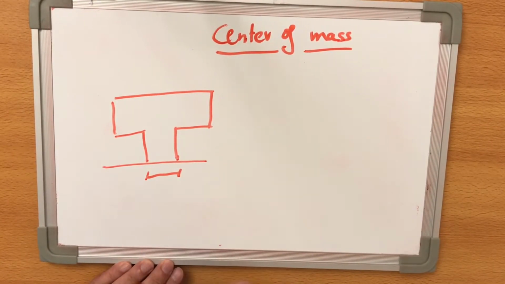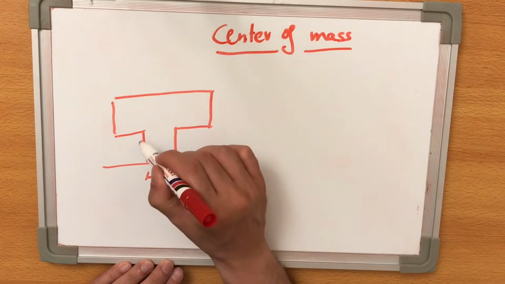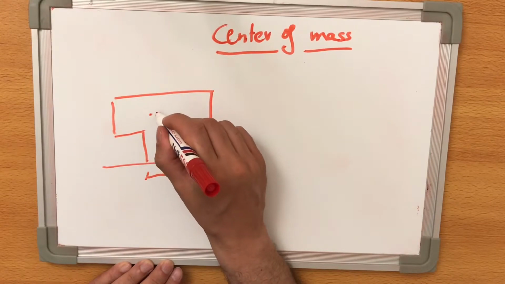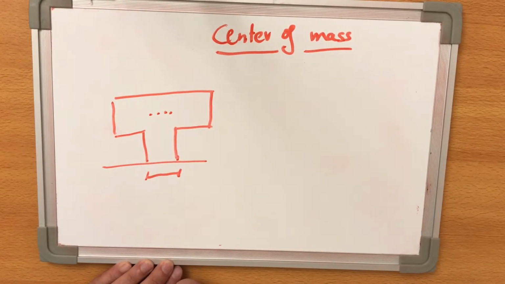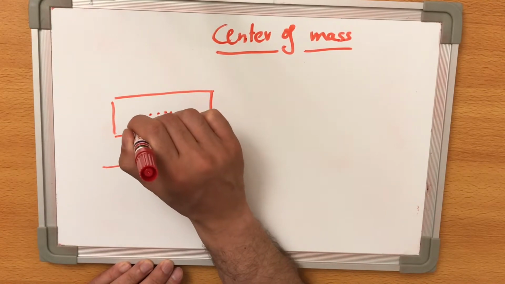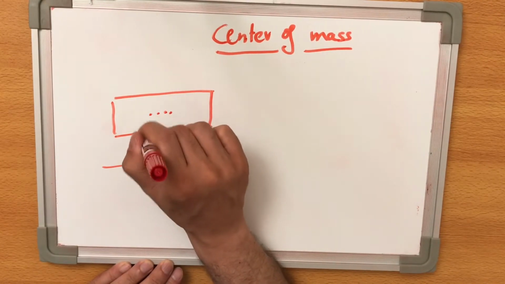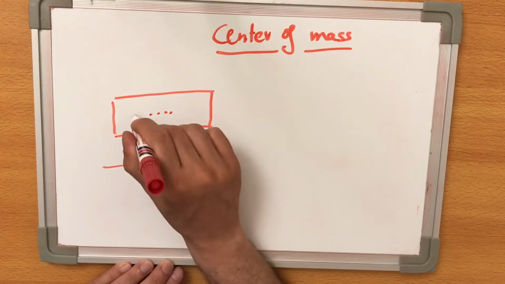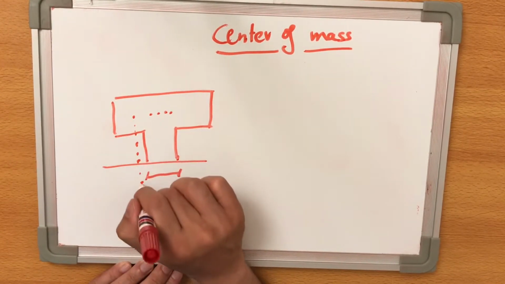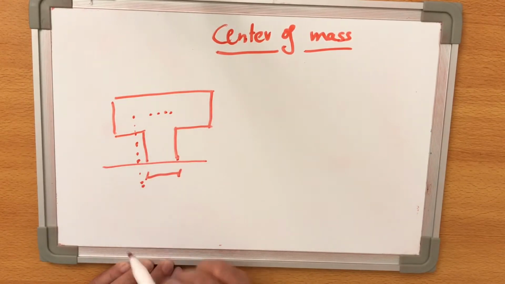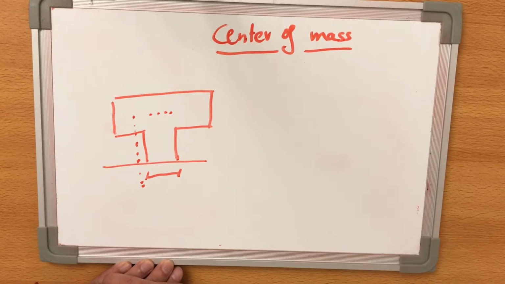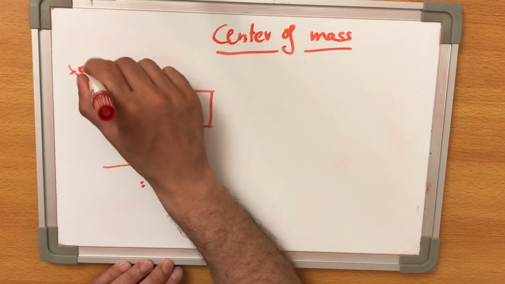So the center of mass should be over the base of this object. Here, here, here. If the center of mass is not on the base or over the base of the object, here for example, this object will fall over, okay? It will topple, okay?